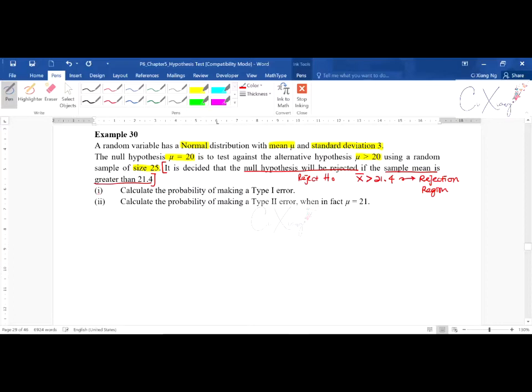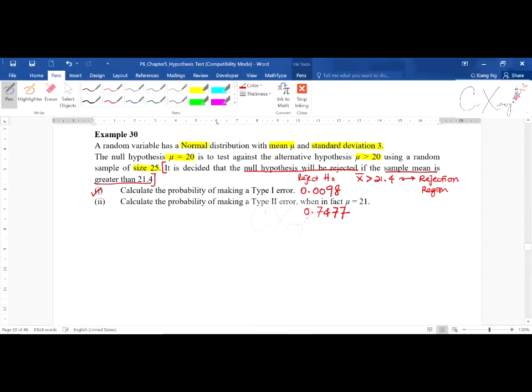I will give you the final answer here first. Later I will upload the PDF version of this answer in Blackboard. The final answer for type 1 error will be 0.0098, and for type 2 error will be 0.7477.